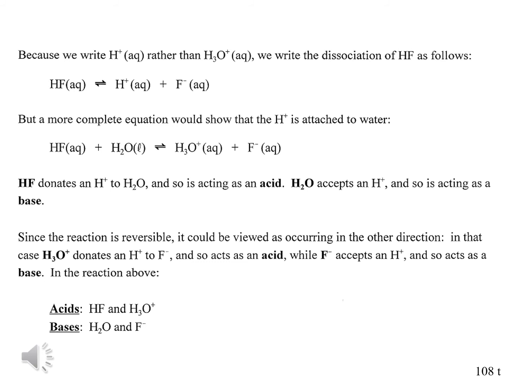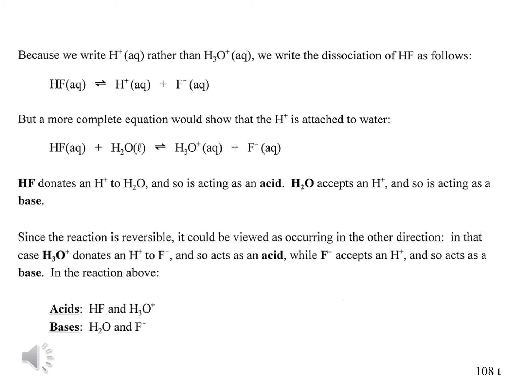So the way Bronsted theory works is that if you have an acid like HF, as soon as the HF gives up the H+, it immediately becomes a base. The F- is a base, because after it loses the H+, the F- can take the H+ back.